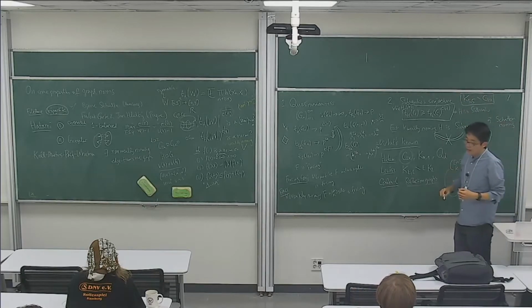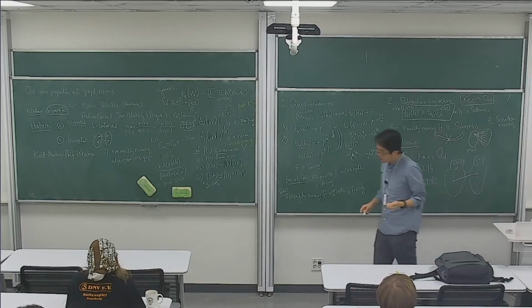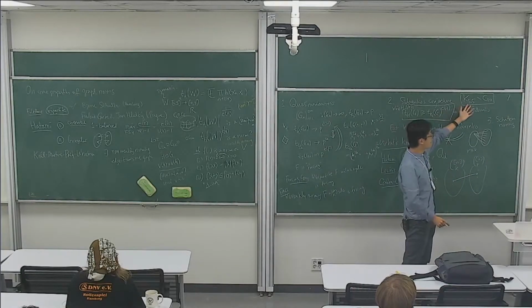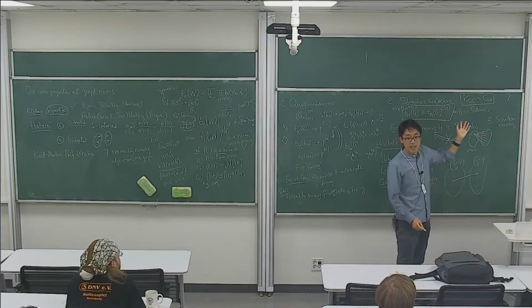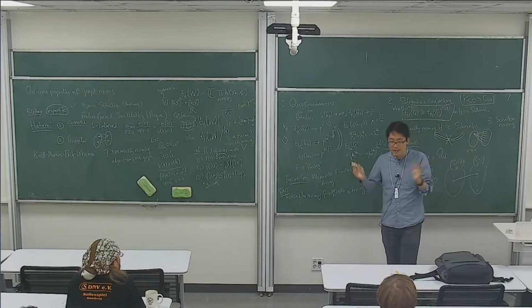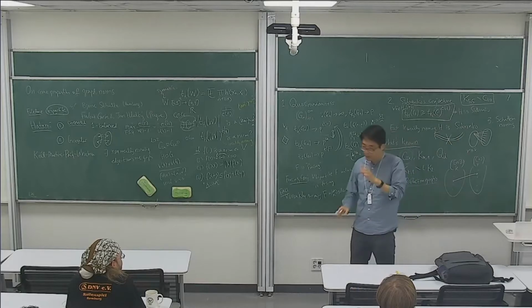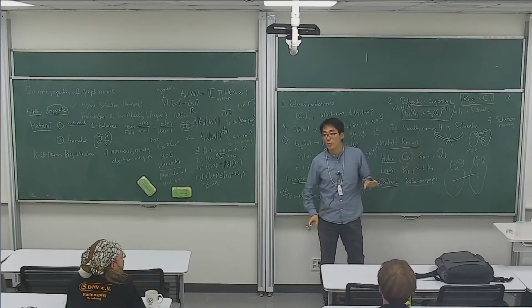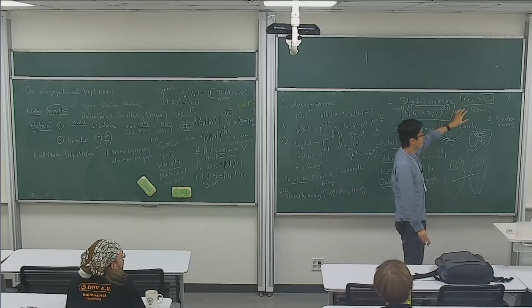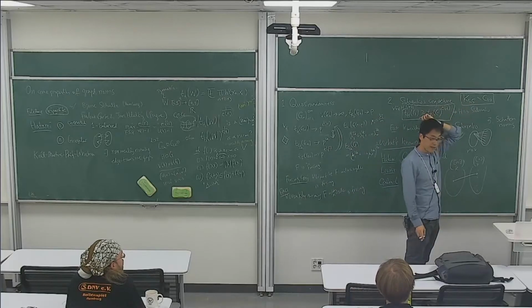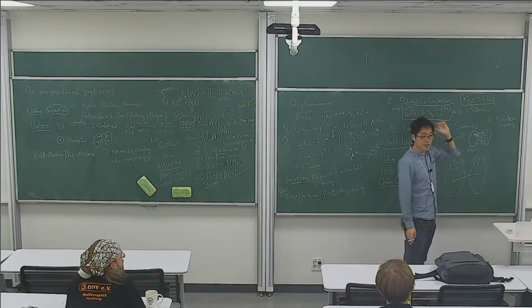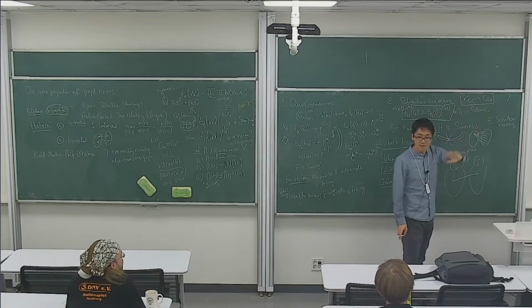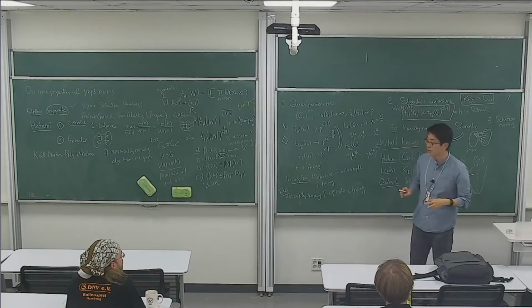Sidorenko himself in the early 90s asked whether this graph satisfies his conjecture or not. Despite loads of partial results on Sidorenko's conjecture, no one really managed to prove whether this graph satisfies the conjecture. If the conjecture is true, then it should be true, but we don't know yet.